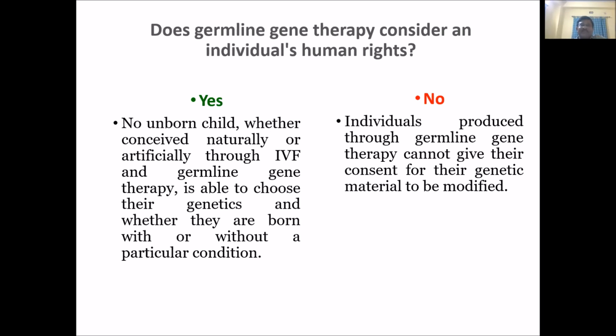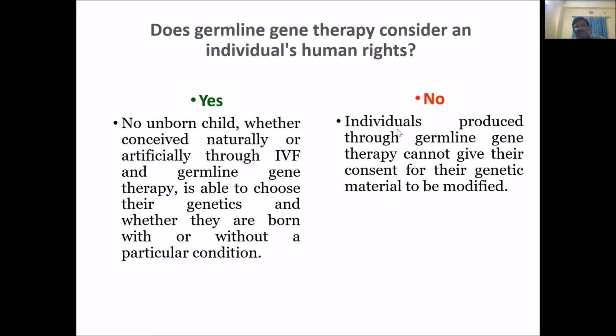Does it consider the individual's human rights? The point in favor of germline therapy is that no unborn child, whether conceived naturally, through IVF, or through germline gene therapy, is able to choose their genetics. So what is the harm in using germline therapy?